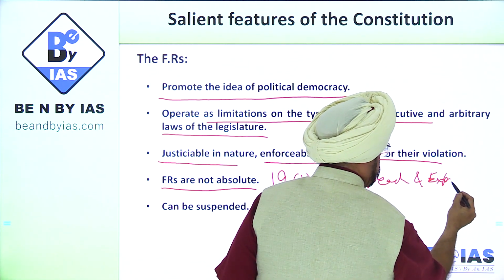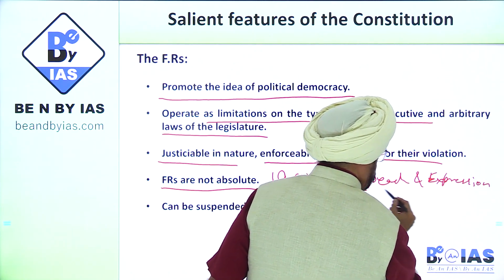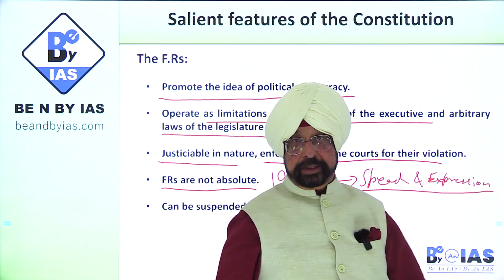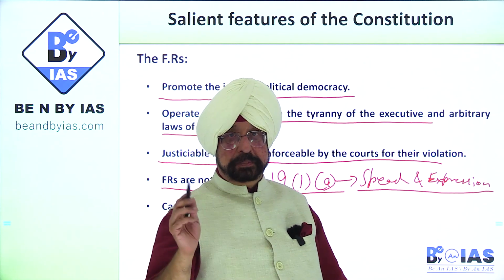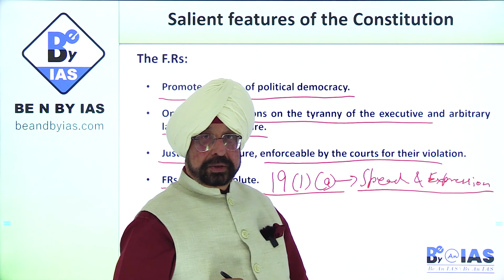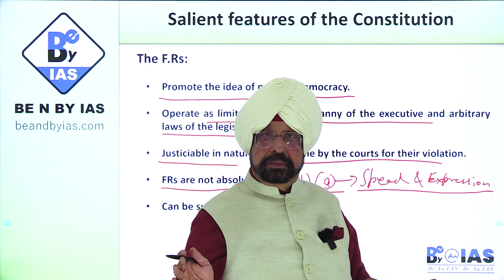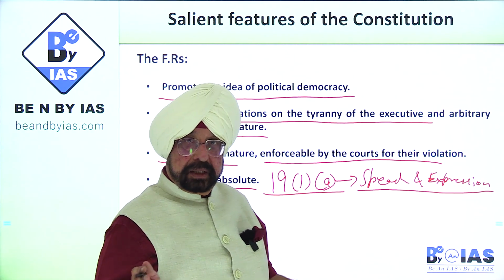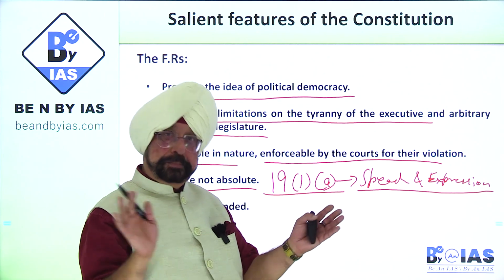Now what happens? Under this freedom, if we start abusing somebody, defaming somebody, that will not be permitted. If we are given a free hand to speak anything or express ourselves in any manner, that will not be true freedom, though it will be an absolute freedom.